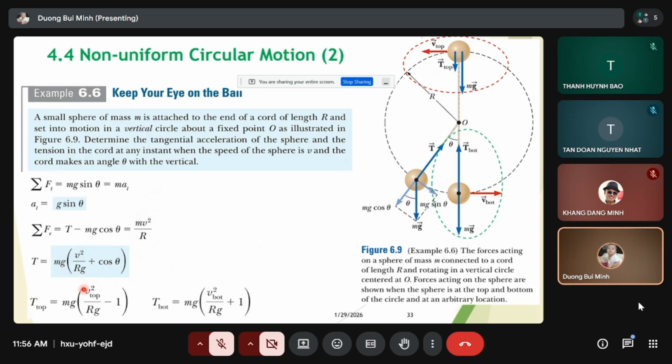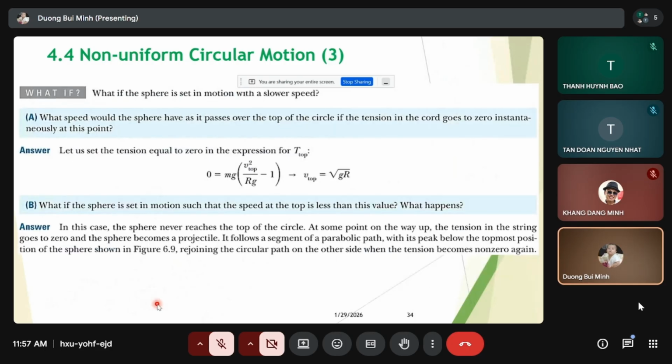Here we get the top tension force, which has a minus because it is in the same direction, and here you get a plus because it is in a different direction. If the object is at the bottom, you get more tension force. If the object is at the top, you get less tension force because of these formulas.